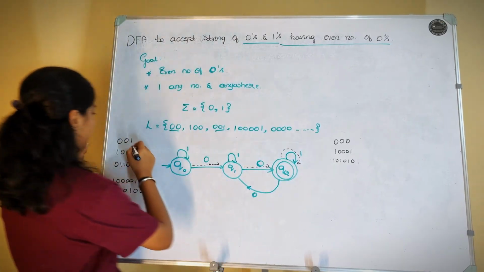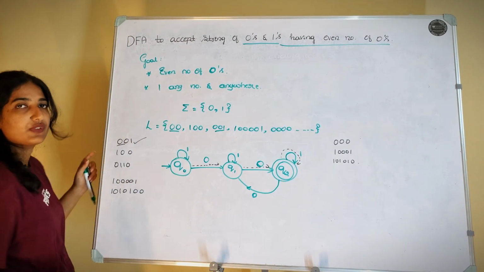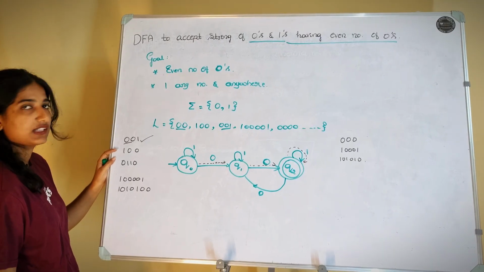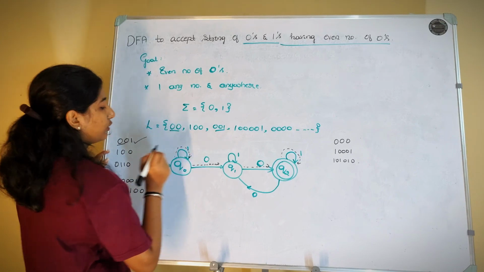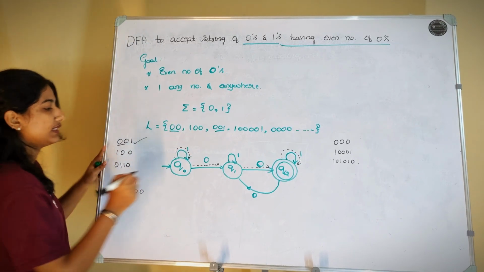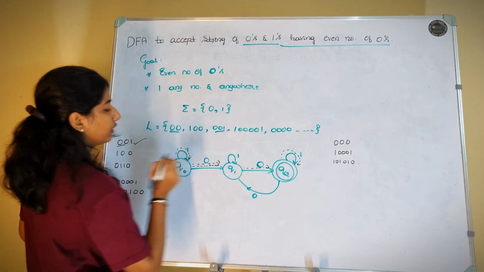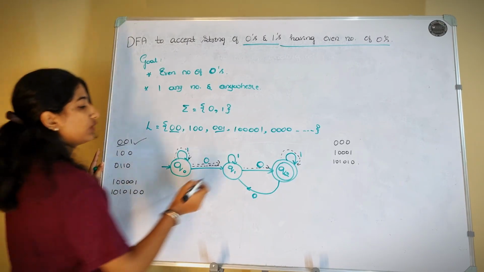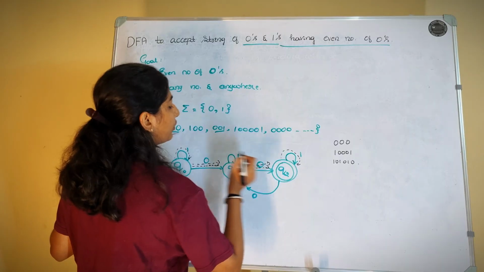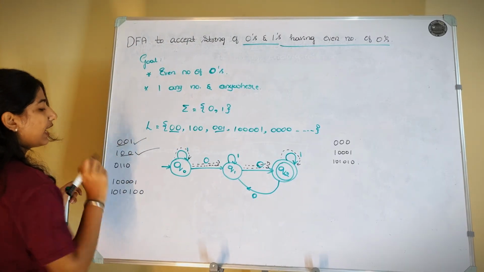The string gets accepted because we have even number of zeros. And we have 1 0 0. So Q0 on 1, it will be there in Q0 state only. Q0 on 0 moving to Q1 and Q1 on 0 again moving to Q2. So this one is also getting accepted.